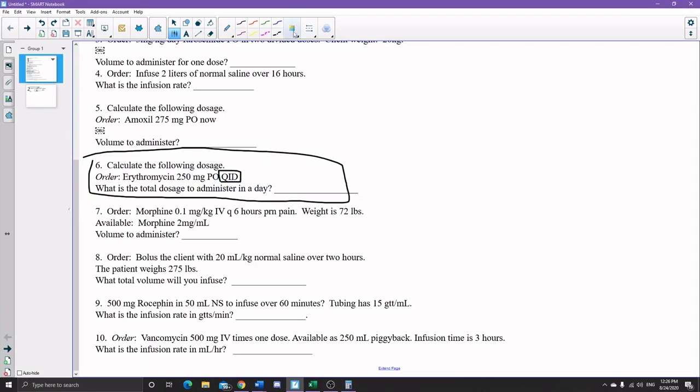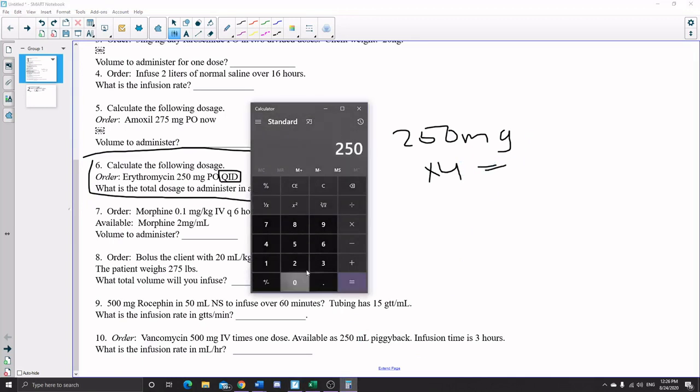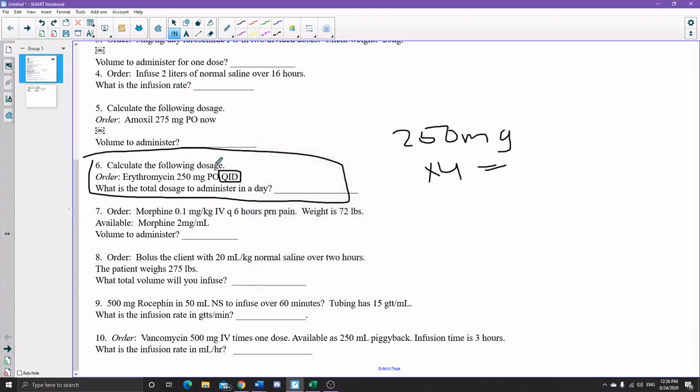If we have 250 mg per dose, and it says 4 times a day, we just multiply that by 4. So we can do 250 times 4. It's 1,000. So it'd be 1,000 mg. Do not forget that unit, okay?